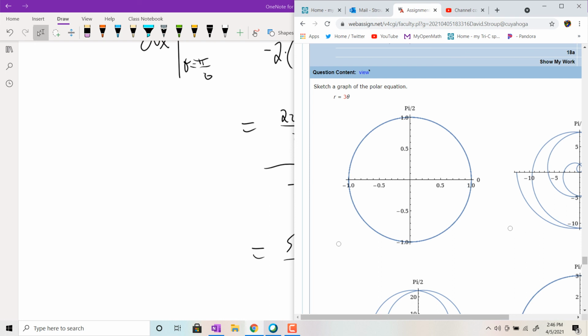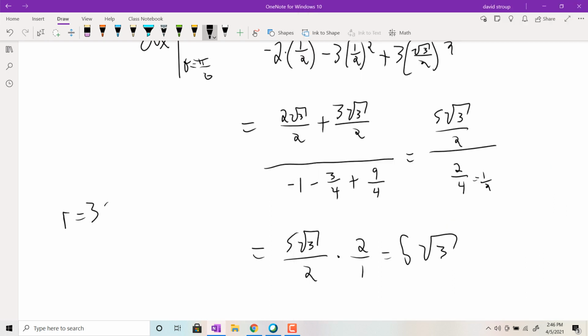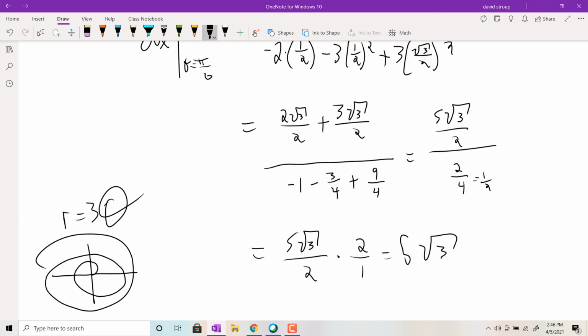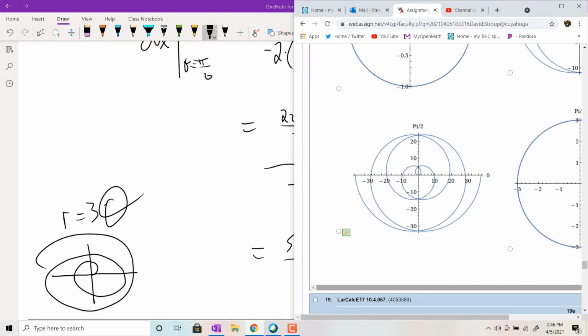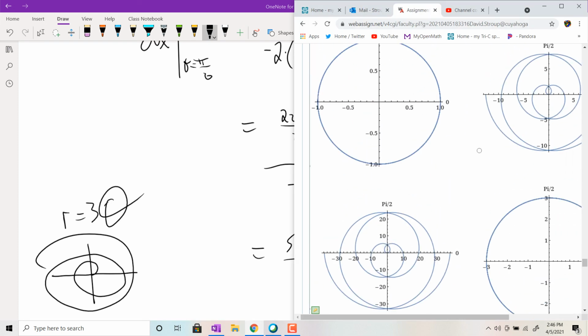snail. R equals 3 theta, that's actually, when you have r equals 3 theta, what's happening is the r value is increasing with theta. So you should get something that starts at 0 and then just gets bigger and bigger and bigger. So it should be kind of a spiral. So it's like this one or this one, because you have to do it in reverse as well.